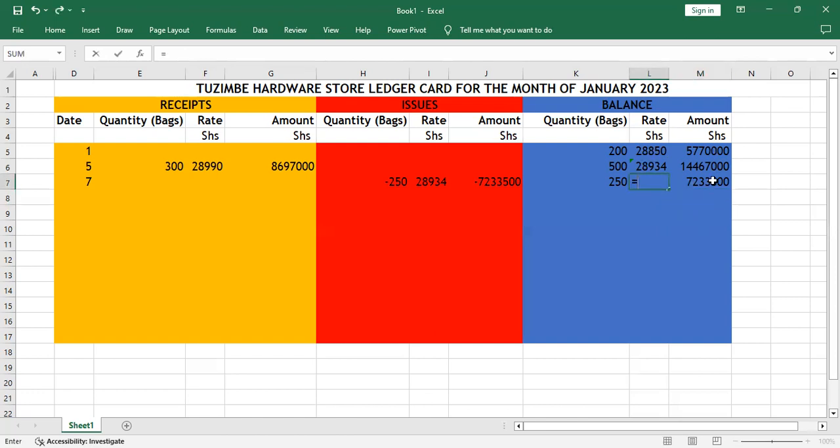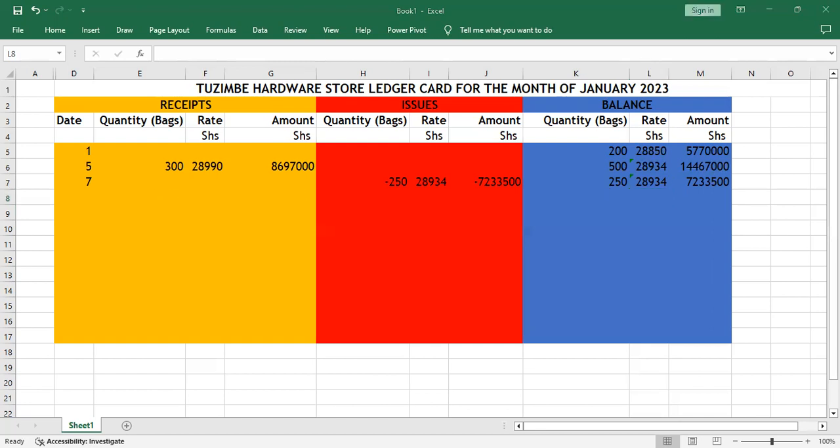Remember, to get the weighted average, I told you, you simply get the cost of goods available for sale, which is this, then we divide by the number of units available for sale, and so far we have 250 units available for sale, giving us 28,934 as our average price.